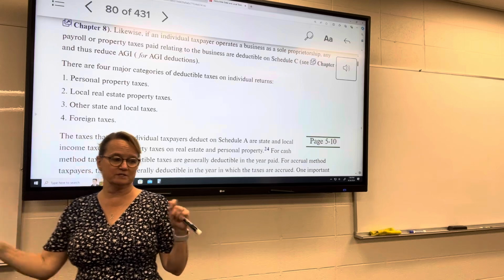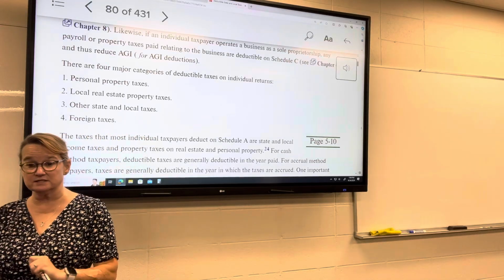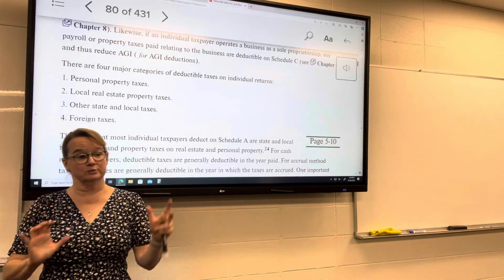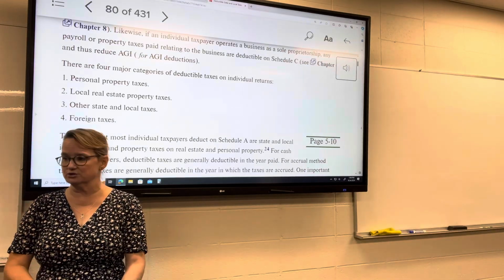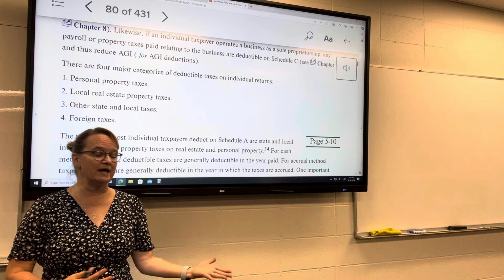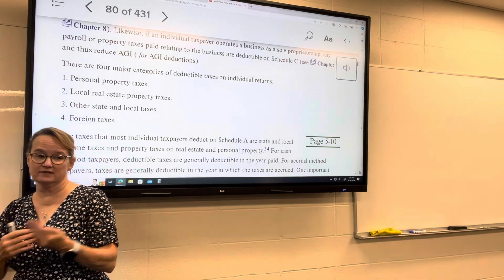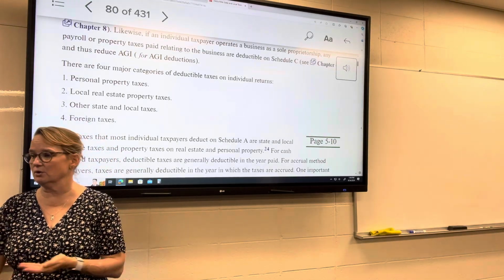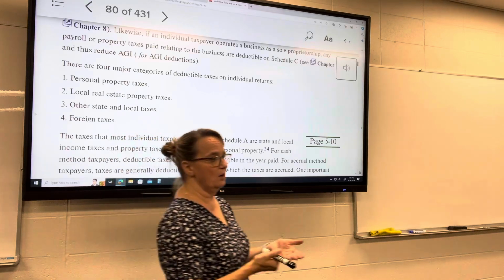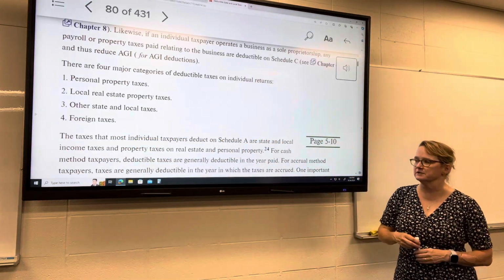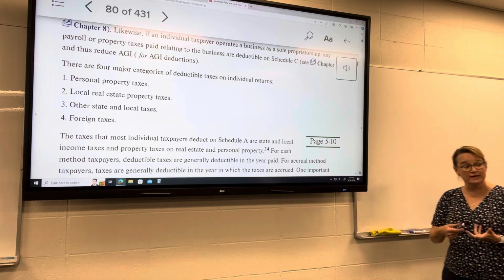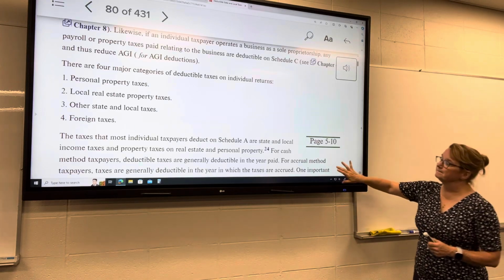So remember, we talked about the distinction between deductions and credits. Deductions, you're reducing your taxable income, so that means you're reducing a percentage of your tax, whereas a tax credit is reducing the tax directly. So it can be up to 100% tax reduction. So for most people, for foreign taxes, it's more beneficial to take the credit, but not always.